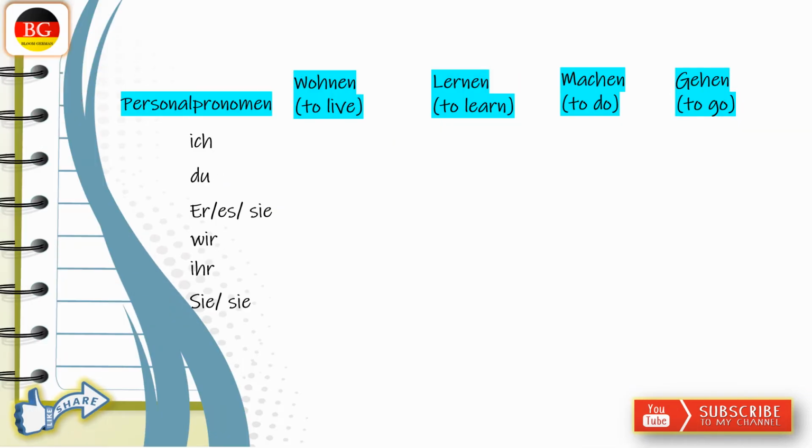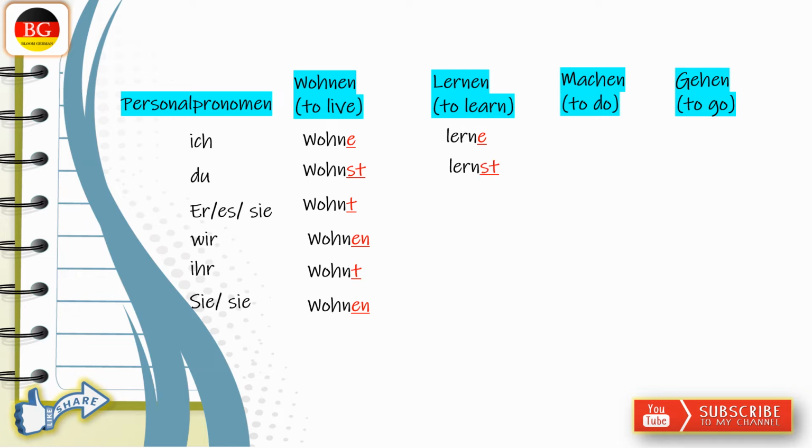Now let us see a few more verbs. Let's take one more verb, wohnen, meaning to live. Ich wohne, du wohnst, sie wohnt, wir wohnen, ihr wohnt, sie wohnen. Another example, lernen, meaning to learn. Ich lerne, du lernst, sie lernt, wir lernen, ihr lernt, sie lernen.